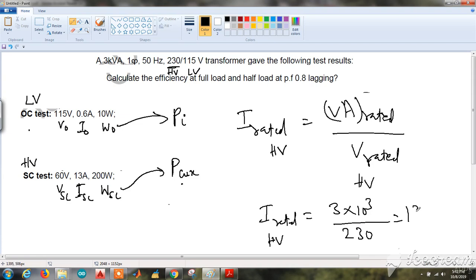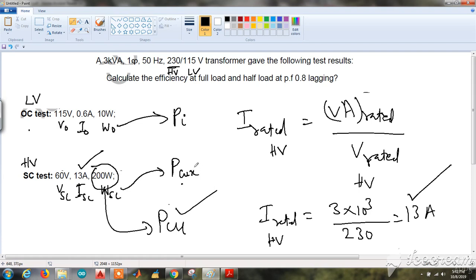Now check this current and this current. If both are equal, and in our case both are equal, then the corresponding wattmeter reading shows the full load copper loss.